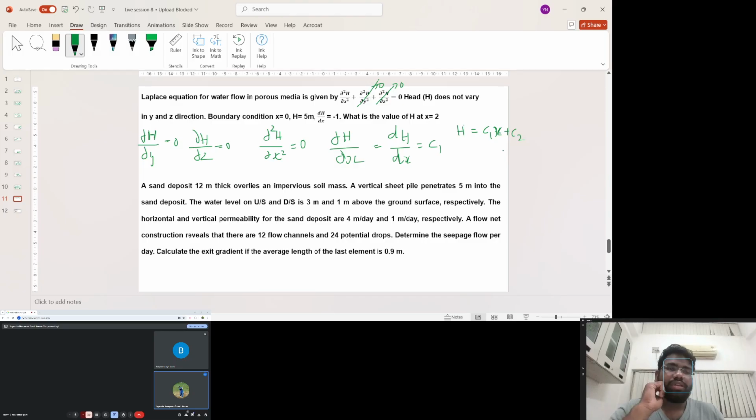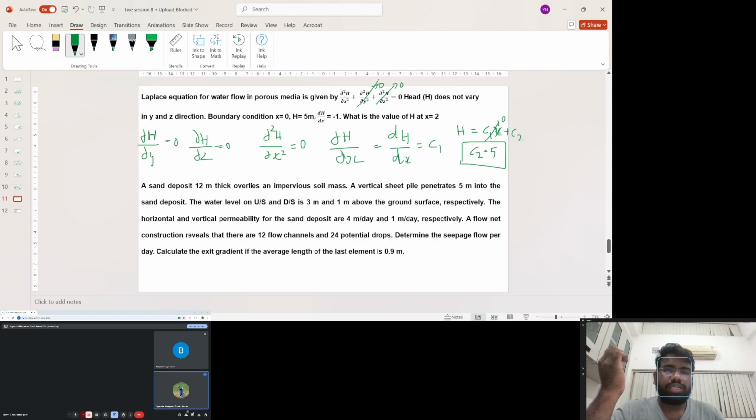Alright. Now the first boundary condition is at x = 0, h is 5 meters. So this term will be 0 and C2 will be 5, right?